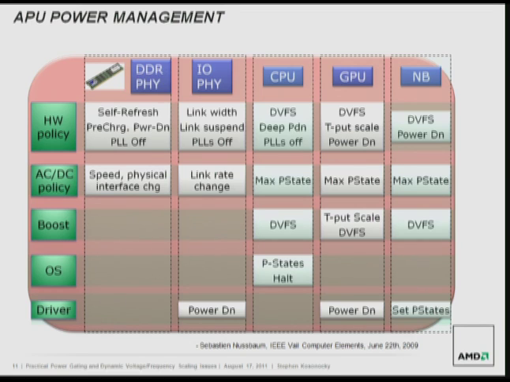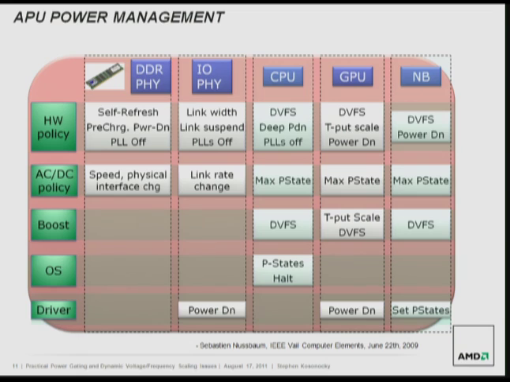On the CPU side, we use DVFS, deep power down modes, PLLs off. We could change the max P states, processor states, and then for boosting capabilities, we have DVFS. And then in OS control, we have P states and halt. On the GPU side, again, we have DVFS. We have throughput scaling capabilities, power down modes, max P state as well.